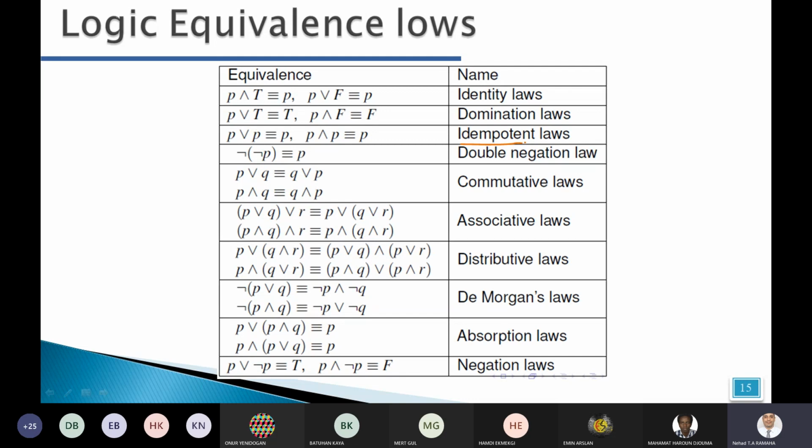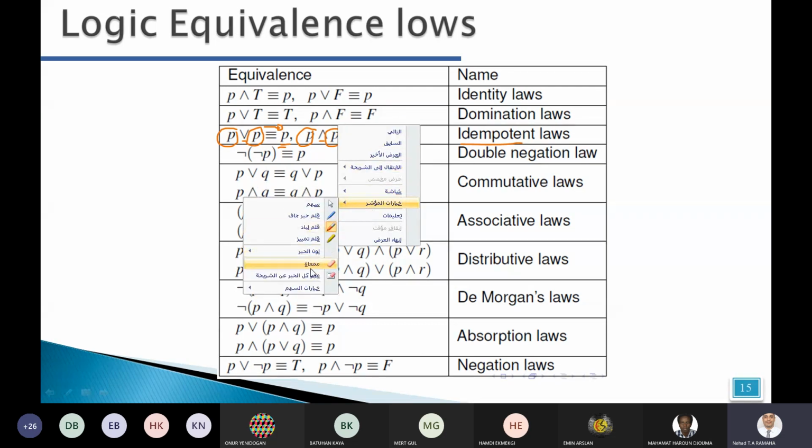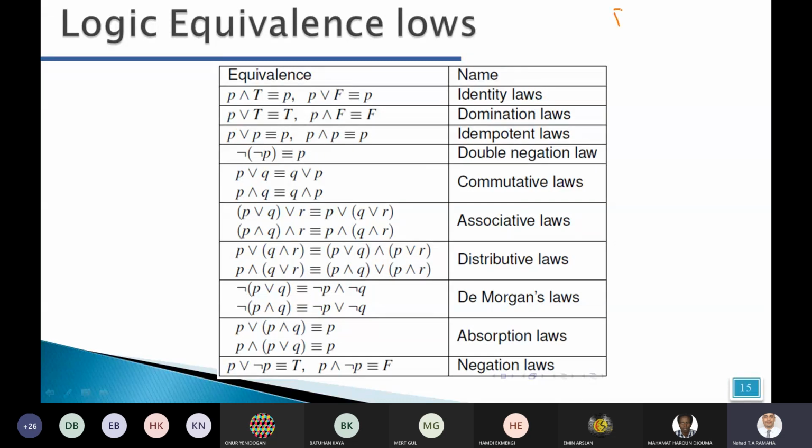Idempotent law. In short, if you have P or P itself, the result will be P. If you have P and P, also the result will be P. So P or itself is logically equivalent to P, and P and itself is logically equivalent to P. It's very simple to understand because if P is true, then true or true will be true.